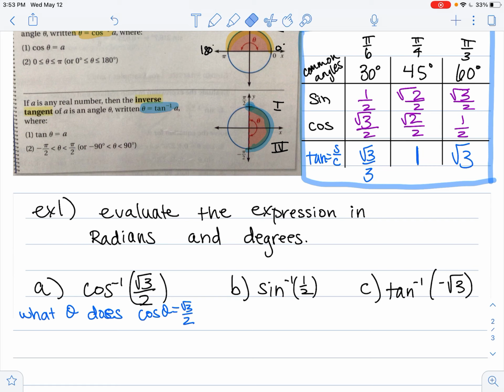So we want to know what goes with cosine where it equals the root of 3 over 2. We see here and here, so it goes to this angle. So we would say theta equals either 30 degrees or pi over 6. Okay, so let's go ahead and clear that.